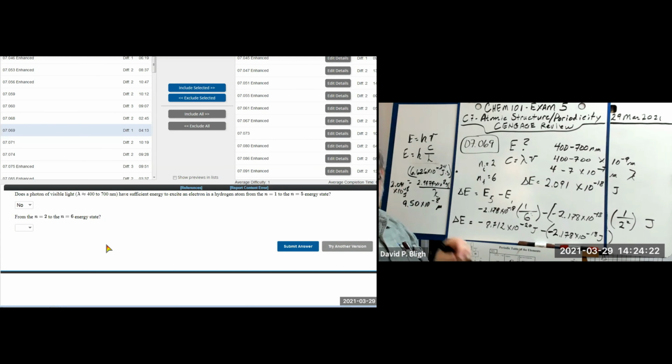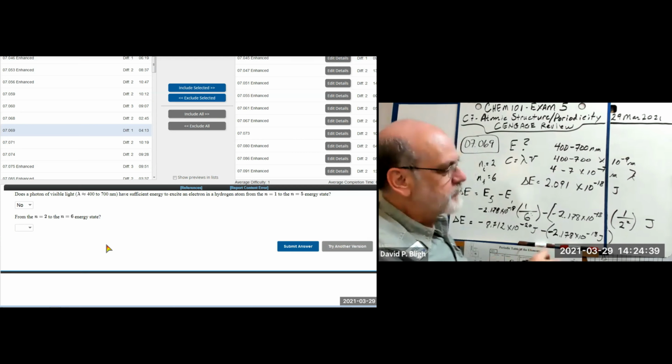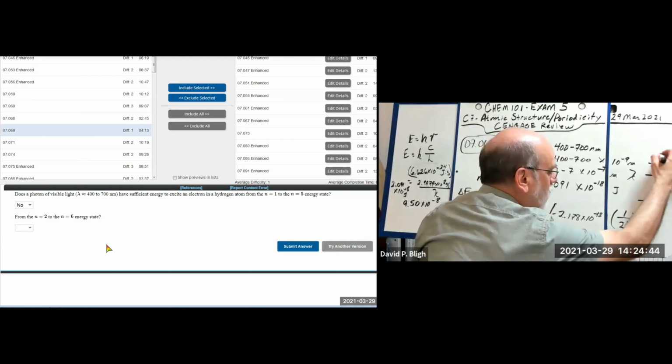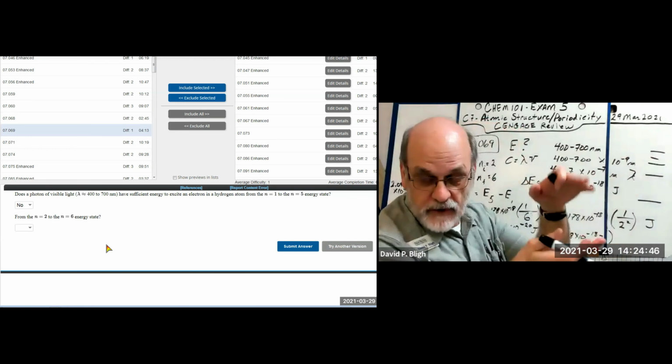Right? What else do we know? We also know for the second half that between 2 and 6 is a smaller jump than 1 to 5. Why? Because remember when we looked at the representation of energy levels, 1 to 2 to 3 to 4, the higher they got, the closer they were together.